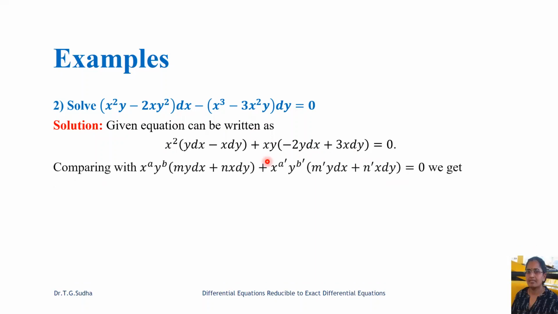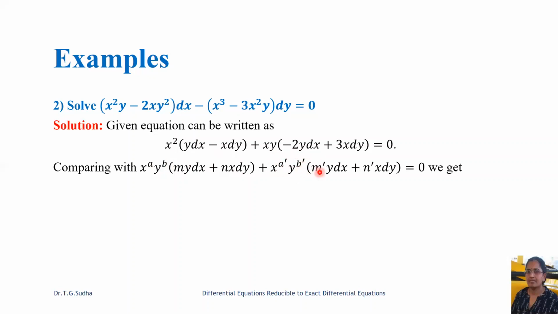Let us compare with the standard form. Here we have x square, so a is equal to 2. Y to the power of b, here no y term, therefore y power 0, so b is equal to 0. And here y dx, so m is equal to 1. Here minus x dy, therefore n is equal to minus 1. Here we have xy, therefore a dash is 1 and b dash is 1.